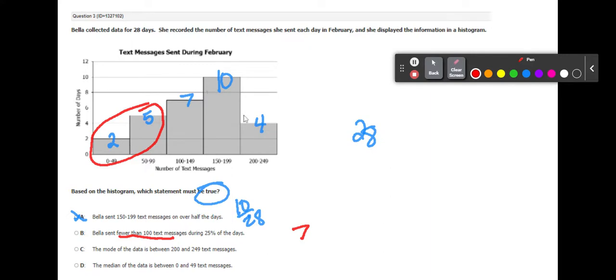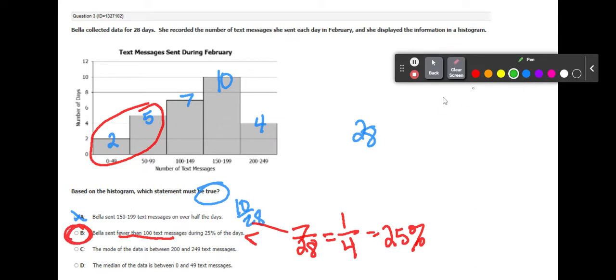So there was 7 out of 28 total. Does that equal 25%? 28 divided by 7 is 4. So this is 25%. Fewer than 100 is 7 out of 28, which is equal to 25%. So I'm pretty sure we're looking at B.